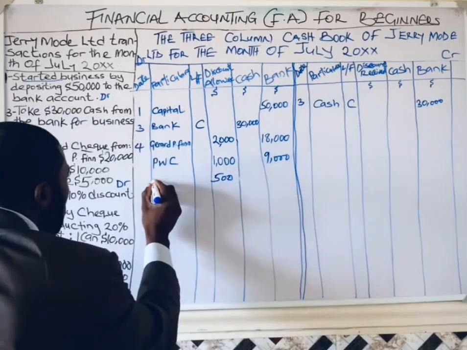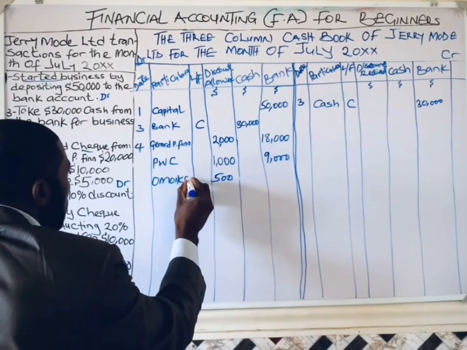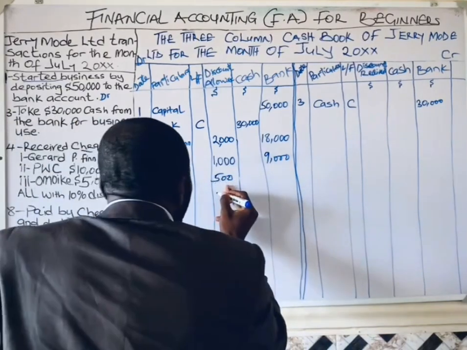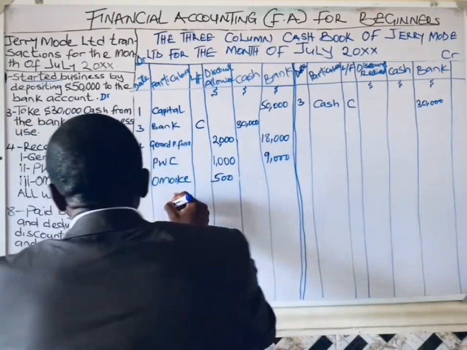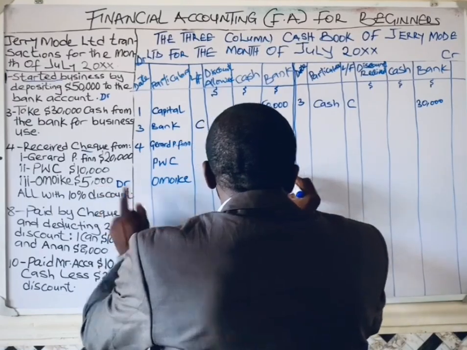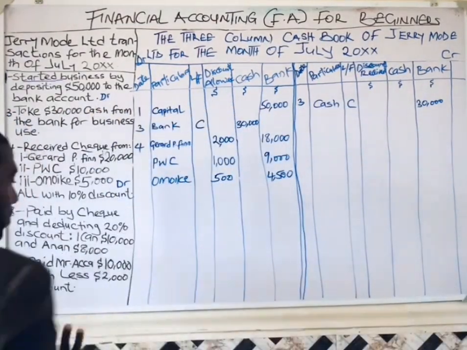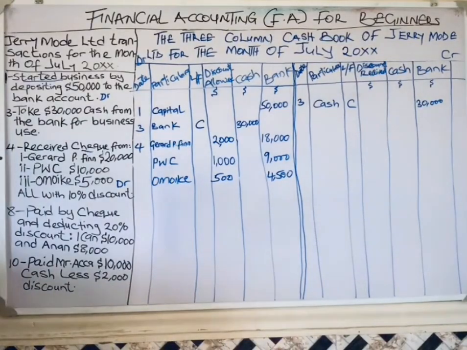We allowed Omoeke 500 discount, and she's now paying us 4,500. Simple. This is how to treat your discount allowed, and the same applies to the discount received.